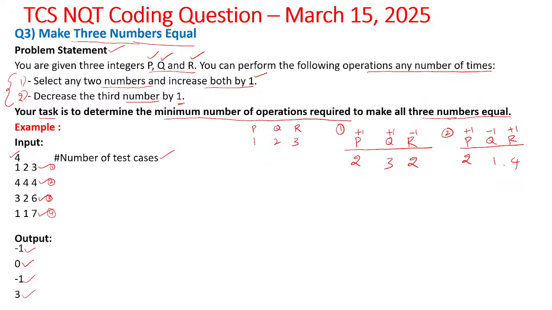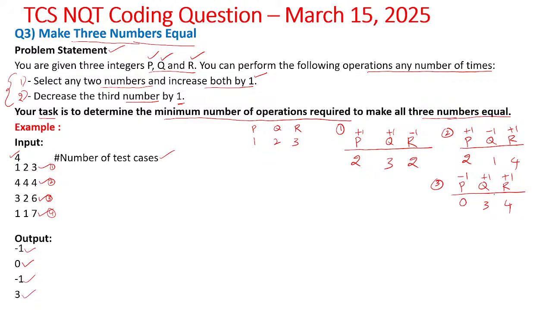Then the third possibility is you can decrement P, then increment Q and R by 1. Then P will become 0, Q will become 3, and R will become 4.